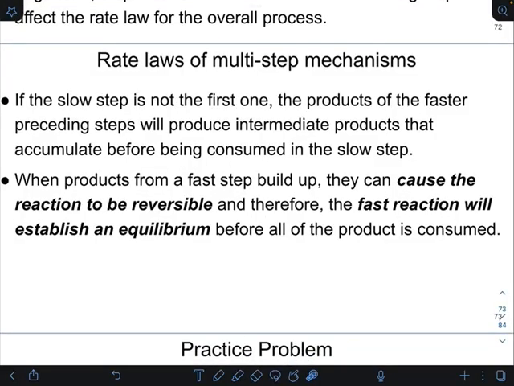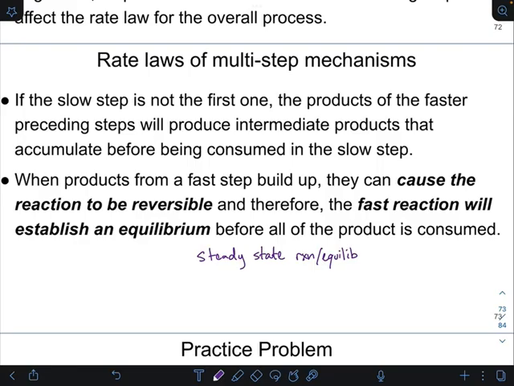If the slow step is not the first step, there is a little bit more math to do. This is called a steady state reaction, or steady state equilibrium. And in these reactions, there's going to be a first step that is fast and reversible.